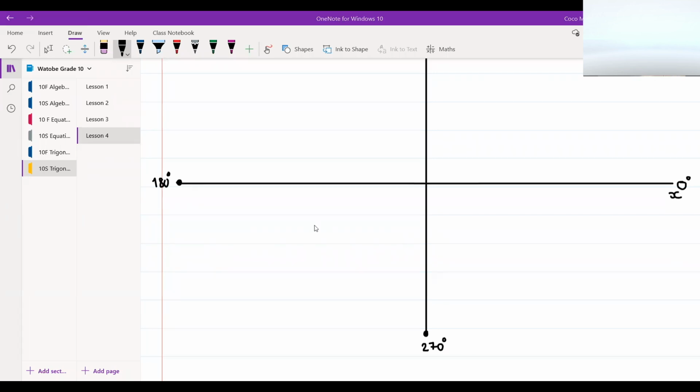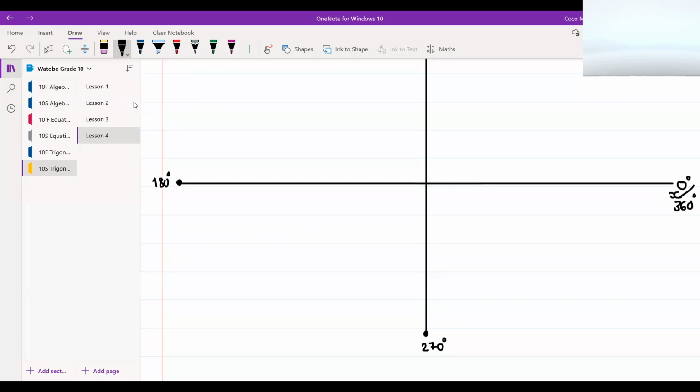Are we in agreement? Yes. Because it's a full revolution, and a full revolution is 360 degrees. Good. So 0 and 360 are going to share this. Excellent. Jasmine, thank you so much for that, because that's exactly what I was hoping to hear.